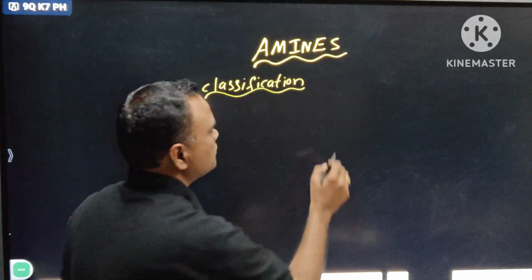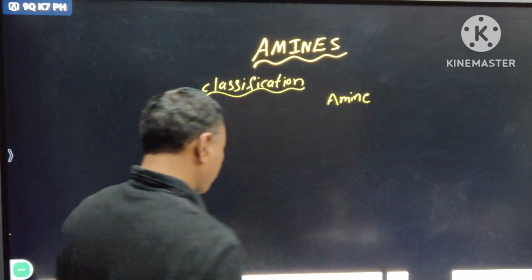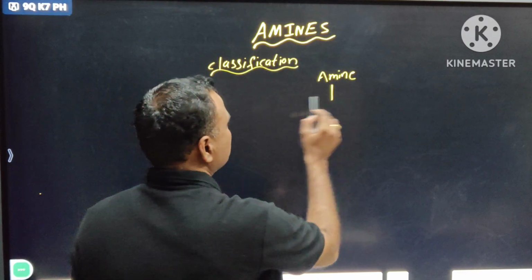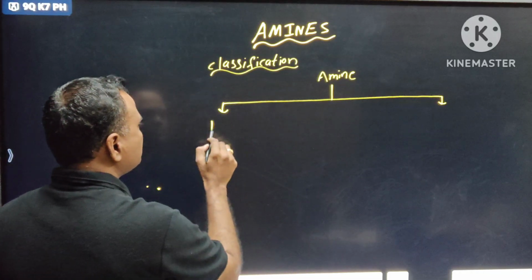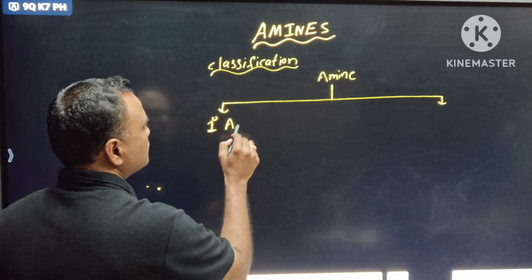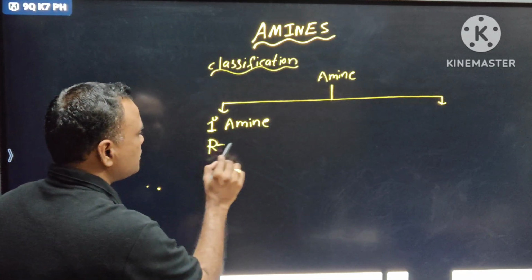Amines are classified into three types: primary, secondary, and tertiary amine. One degree amine is represented as RNH2.